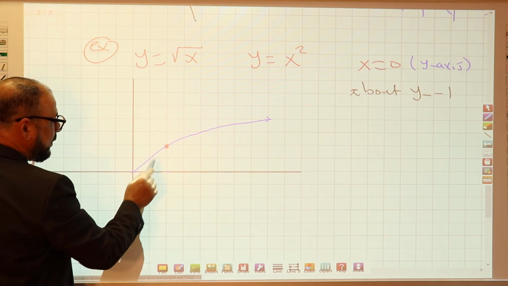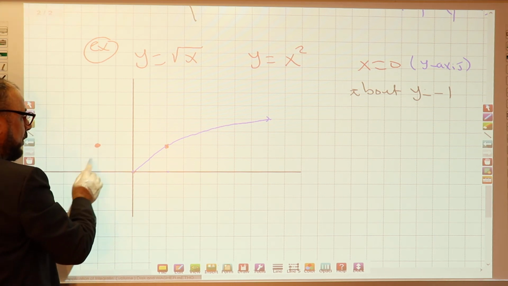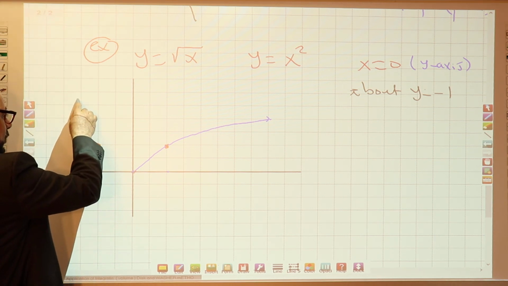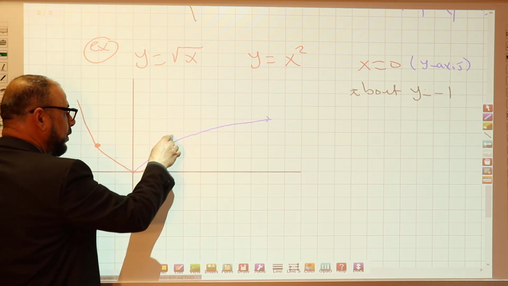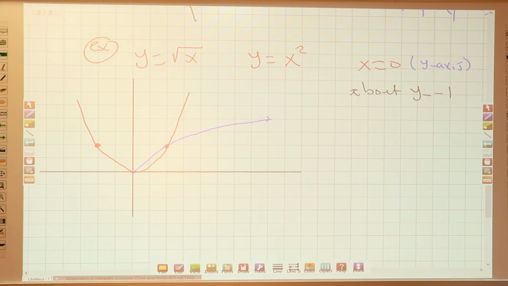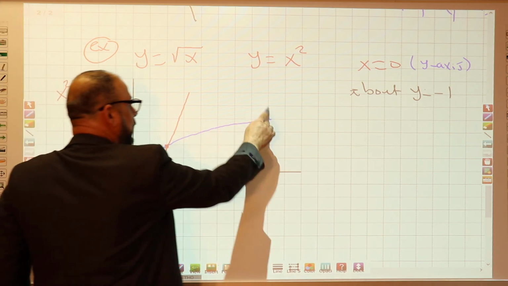When x is 1, y is 1. Then y is x squared in red. This is x squared and this is the square root of x.